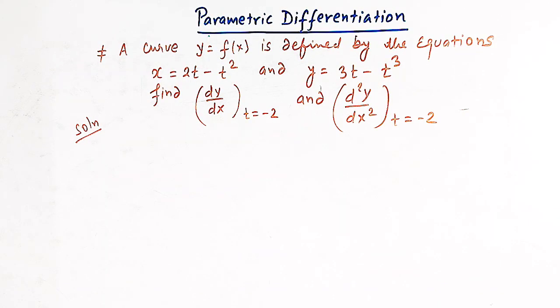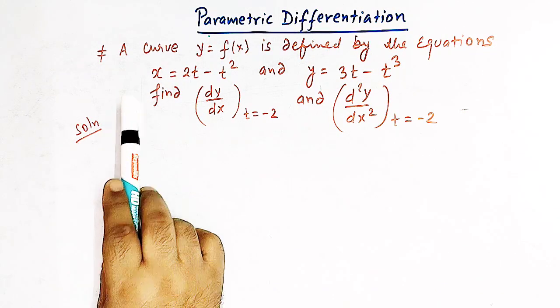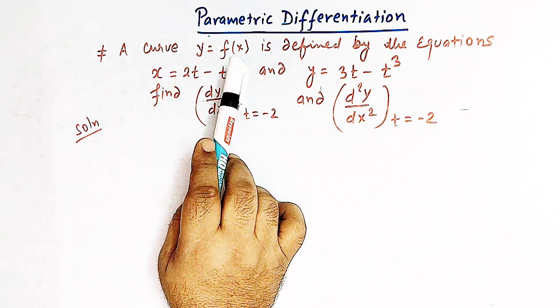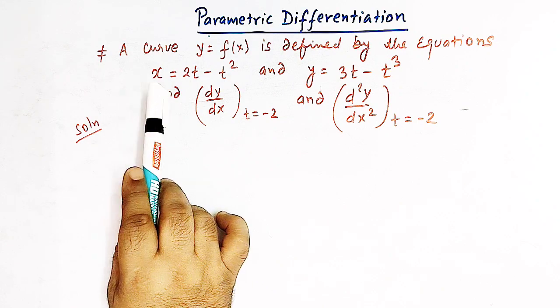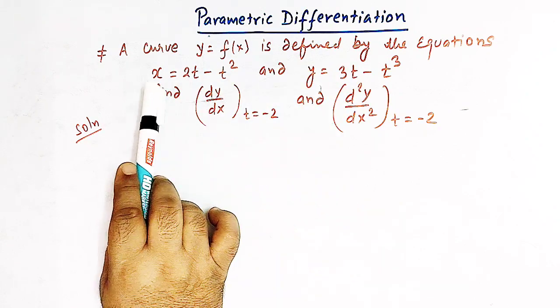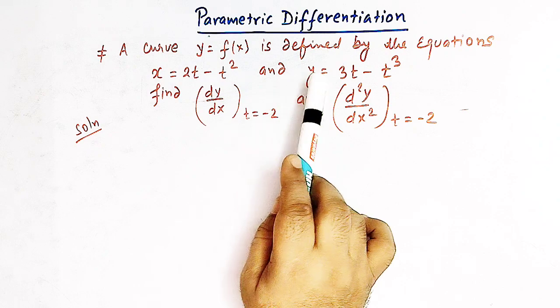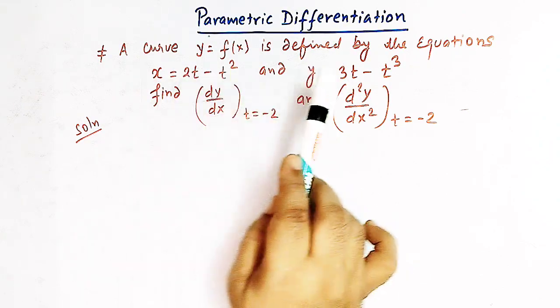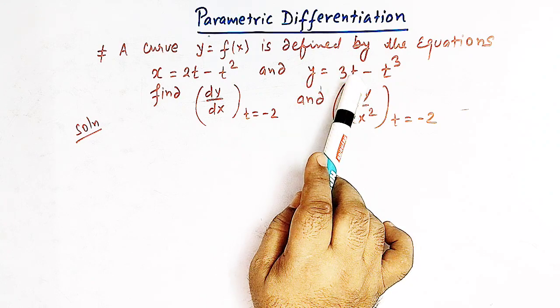So now consider this important problem. Here we are given a curve y is equal to f of x, which is defined by these two equations connecting x and t, and y and t. So here x is given as a function of t, y is also given as a function of t.